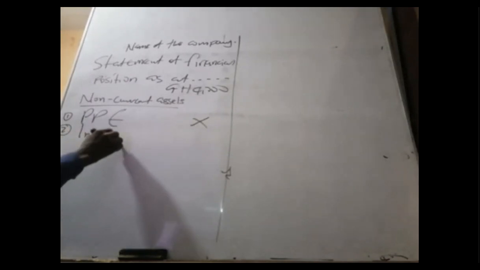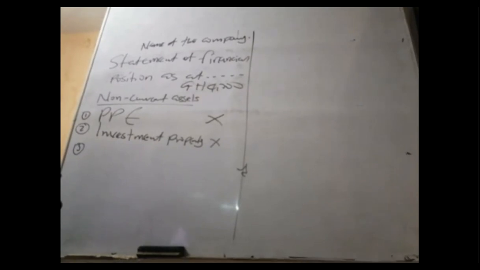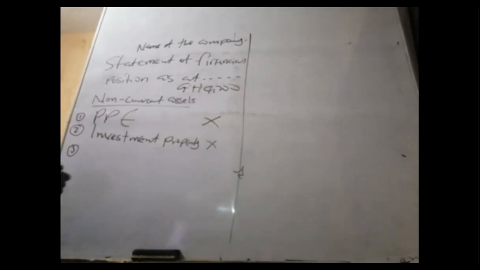Example for non-current assets: number 1, PPE. Item number 2, investment property. Item number 3, long-term investment.